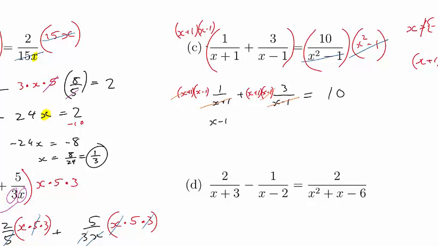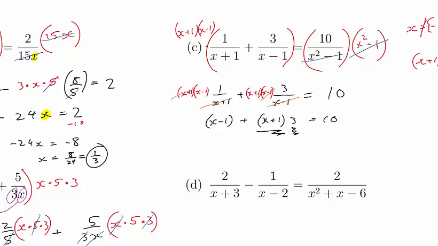We're left with x minus 1 on this one. I'll go ahead and put parentheses on there for emphasis. Again, it's not necessary. And then over here, this is x plus 1 times 3. And that all equals 10. Okay, so make sure you maintain these parentheses.